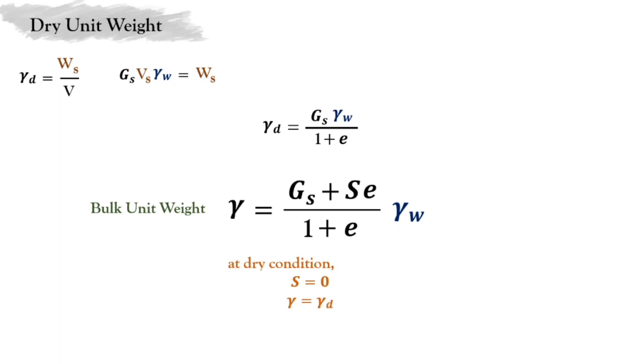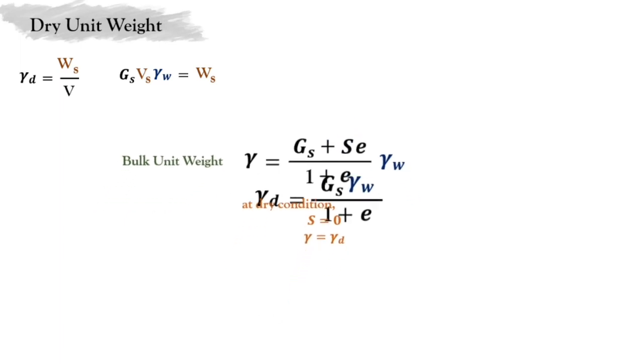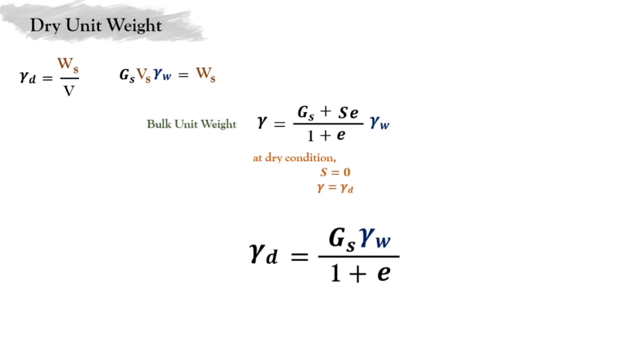So, para sa dry condition of soil, alam natin na yung saturation niyan ay 0. Tama ba? So, if the S or the saturation is 0, then the bulk unit weight is actually the dry unit weight. So, by substitution, nung mga condition natin doon sa bulk unit weight, if S is equals to 0, itong term na to, yung Se na yan, mawawala na yan, at masisimplify yung equation natin to, ayan, ito yung na-derive natin.